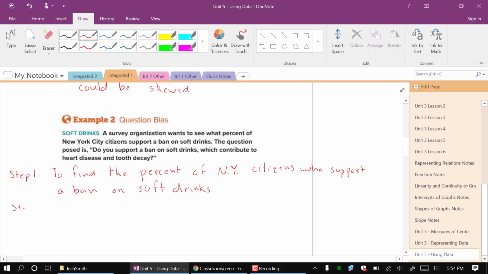Step 2. This is going to identify potential bias in the question.